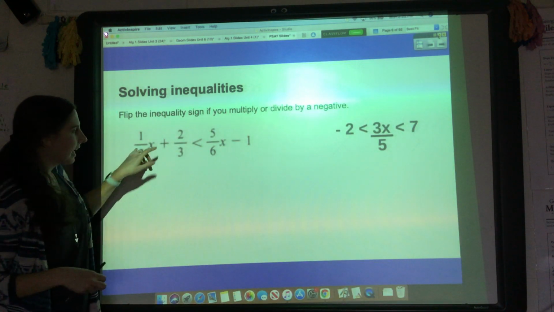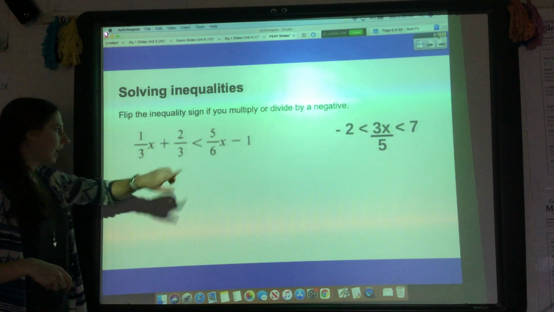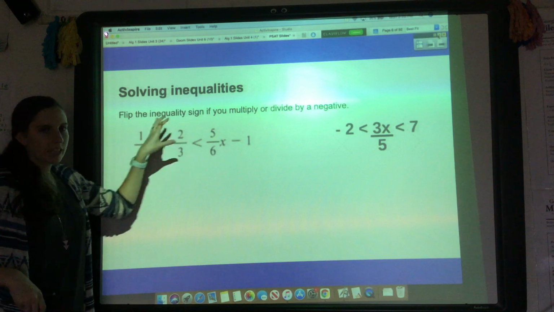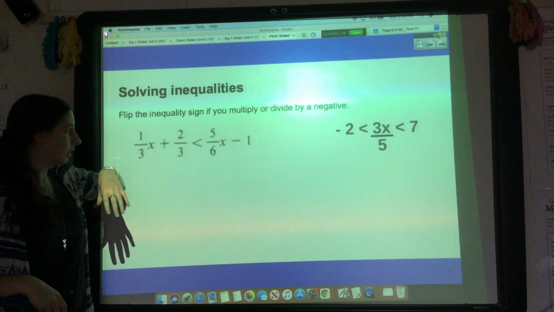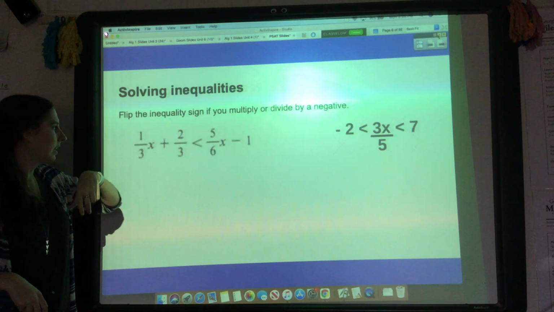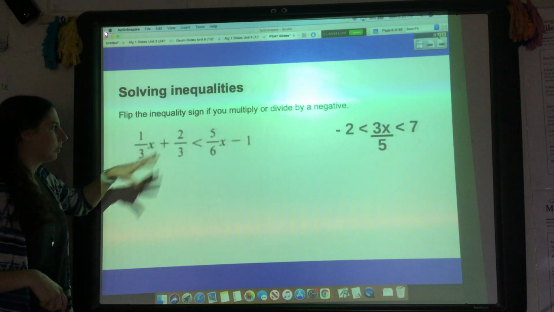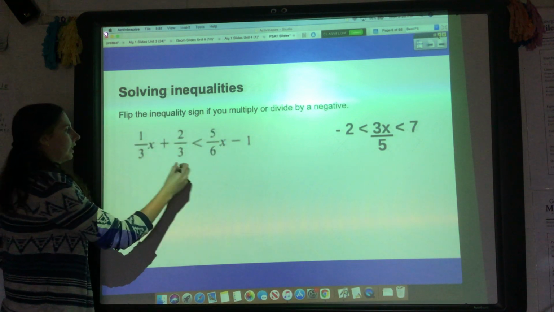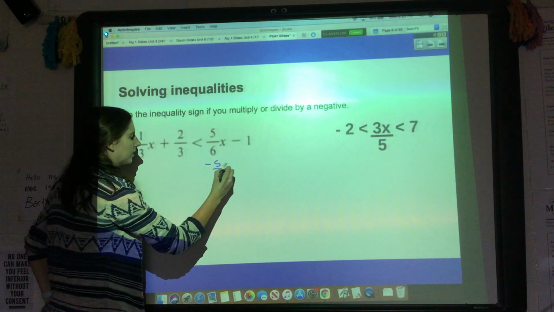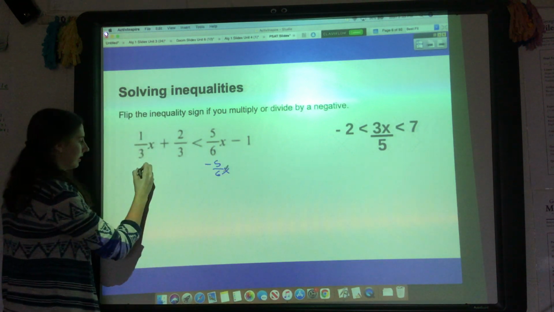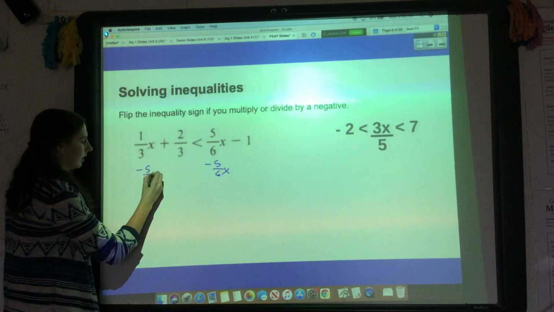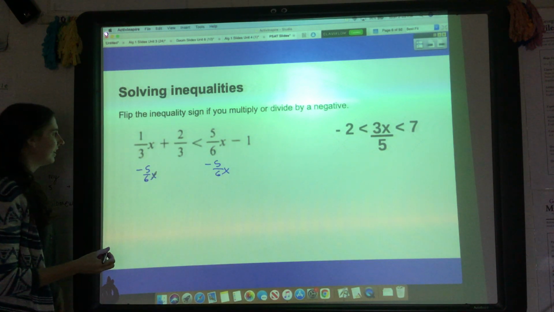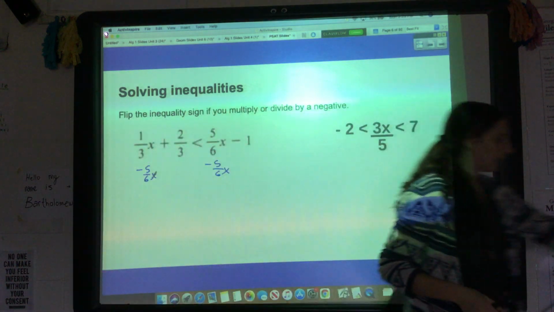Remember, my goal is to get x by itself, but I've got x's over here and x's over here. So I need to get them on the same side. It doesn't matter which one, just get them on the same side. I'm going to move this over, but you could just as easily move this one over here. So if I subtract 5/6 x from both sides, and then combine these, I'm going to do that in my calculator.